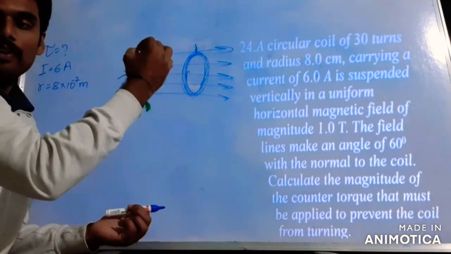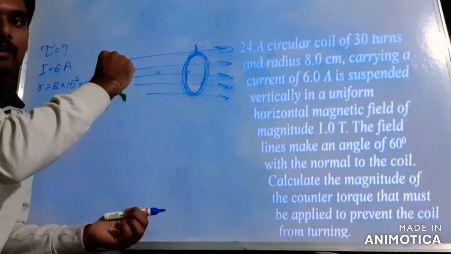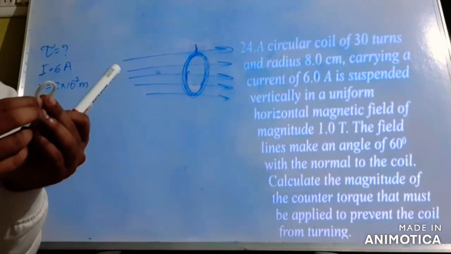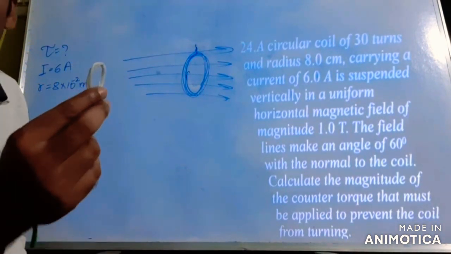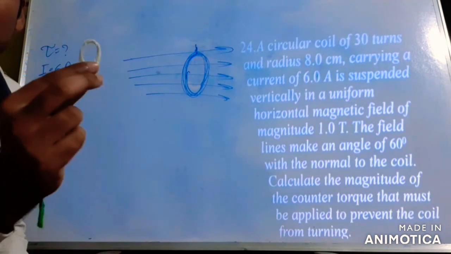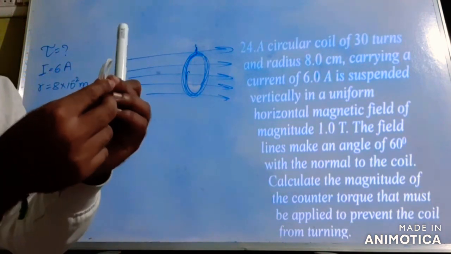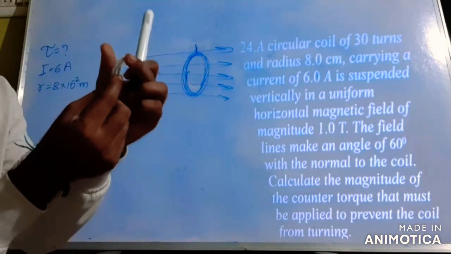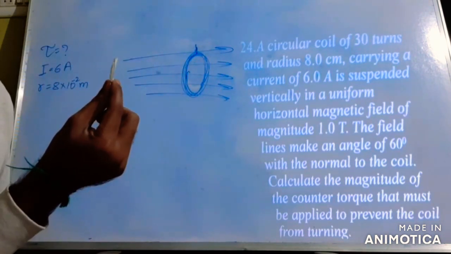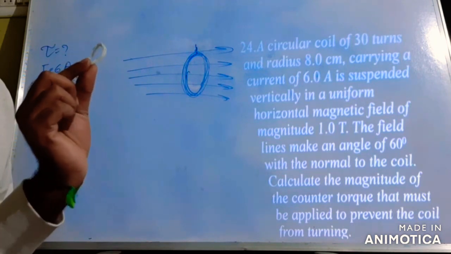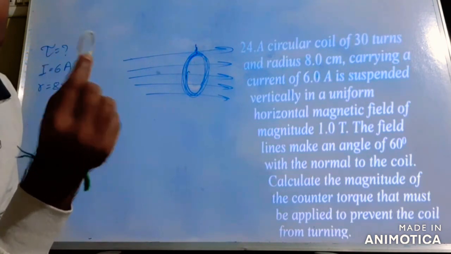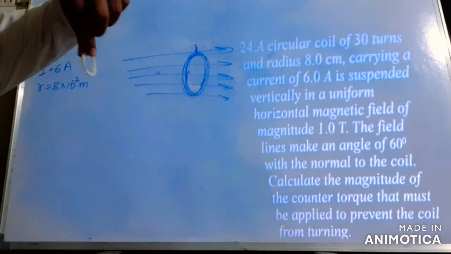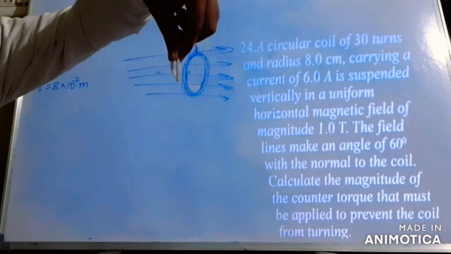If I say this is the coil in a circular shape, the magnetic field lines are always horizontal. But in that magnetic field, the coil can be kept in different orientations. In every situation, it is hanging vertically itself, right?